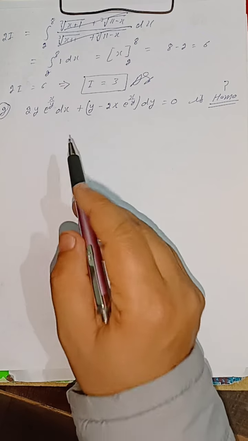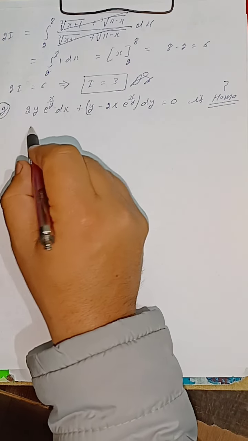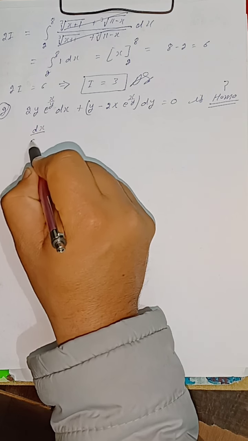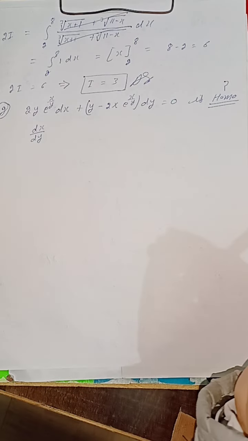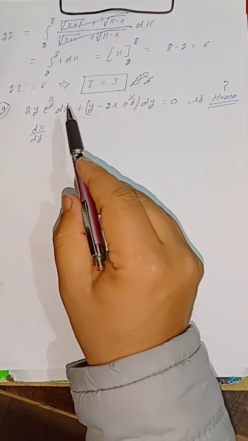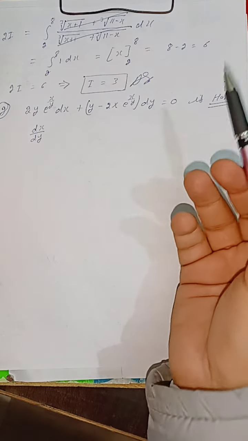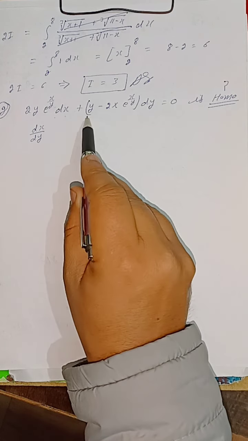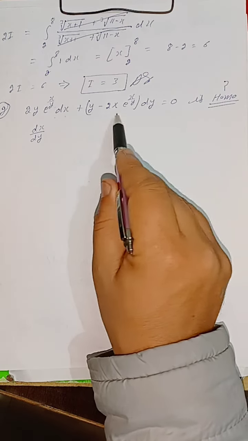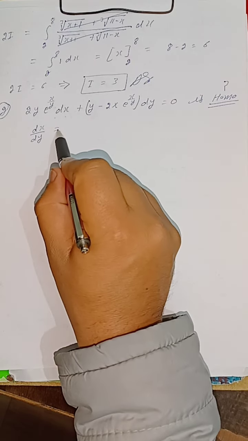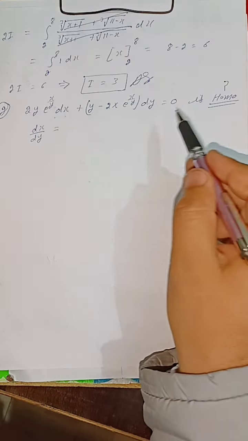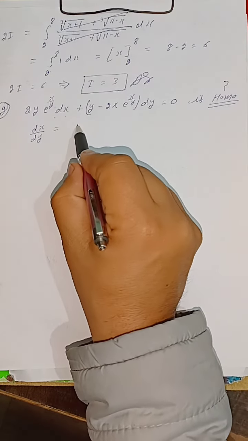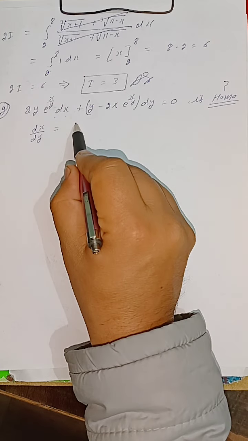For this, we'll first write the value of dx upon dy. We can also write the value of dy upon dx, but as we have x upon y, we can write dx upon dy. With dx on the left side, the multiple of dy will be on the right-hand side. If we go to the right-hand side, the negative term will be positive and the positive term will be negative.